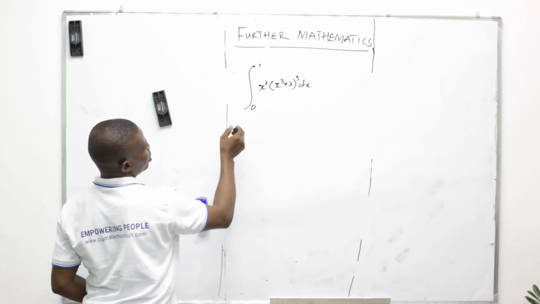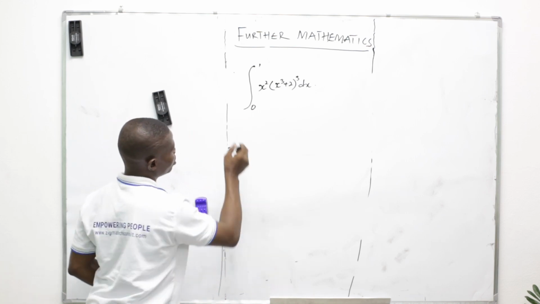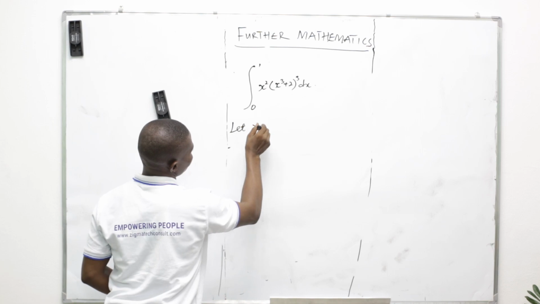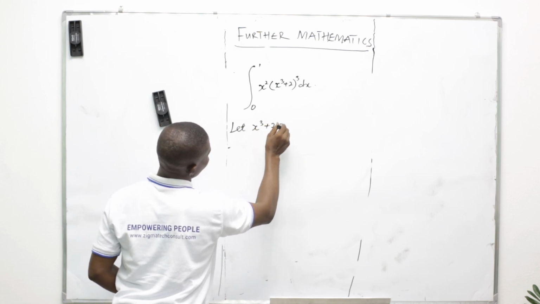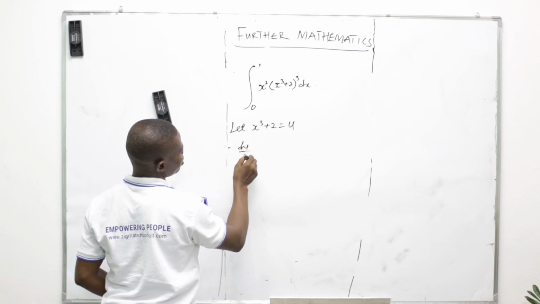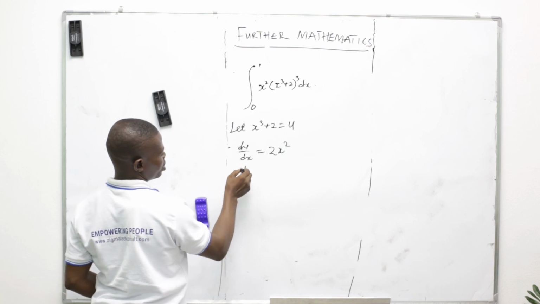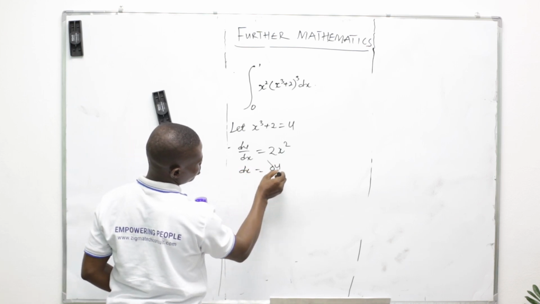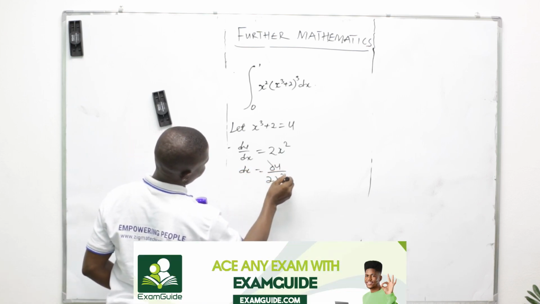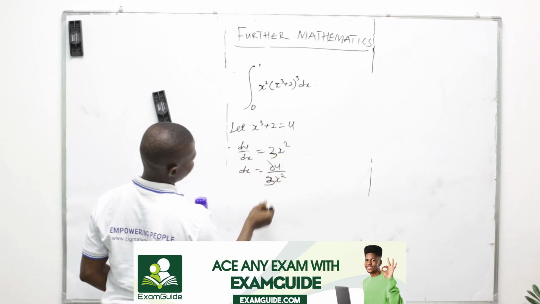This is integration by substitution. Let s cubed plus 2 equal u, so that du/ds equals 3s squared, so ds equals du all over 3s squared.